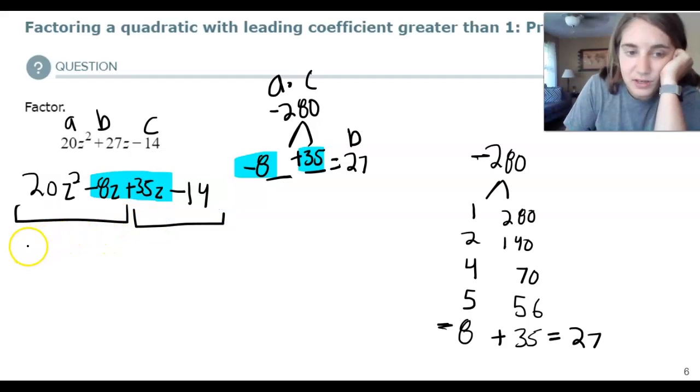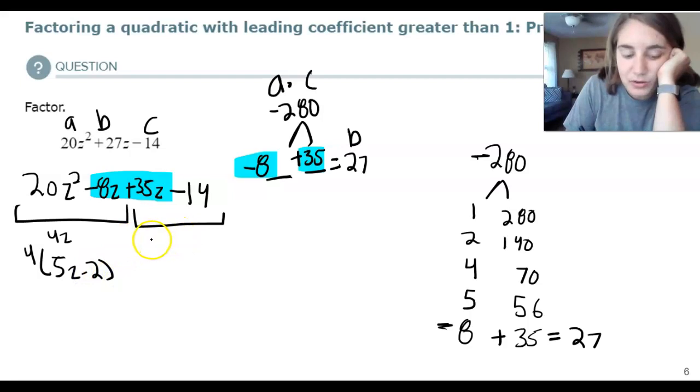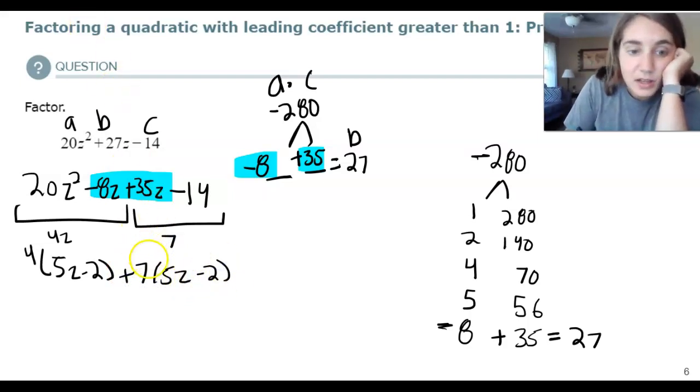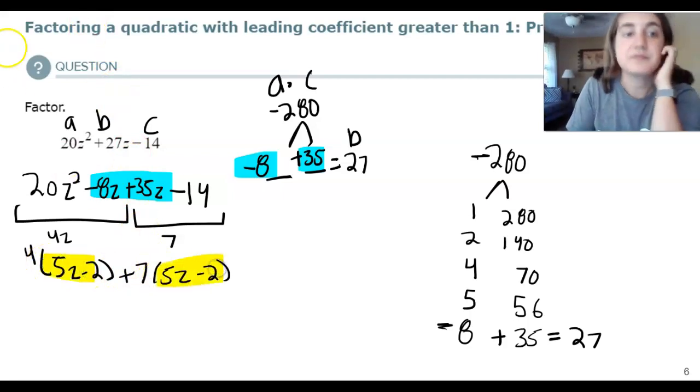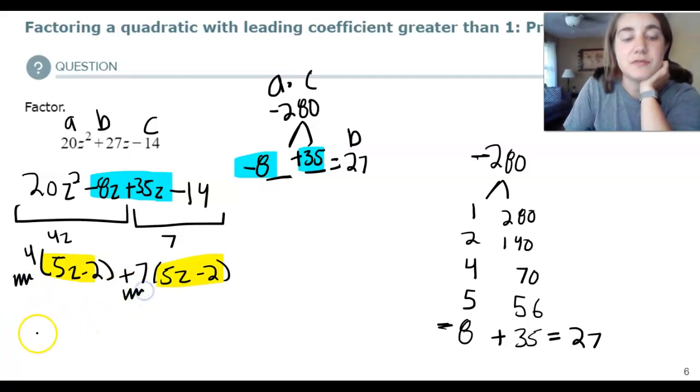Factor by grouping, I can pull out a 4z, end up with a 5z minus 2. I can pull out a 7, 5z minus 2, have my matching, and I have my leftovers.